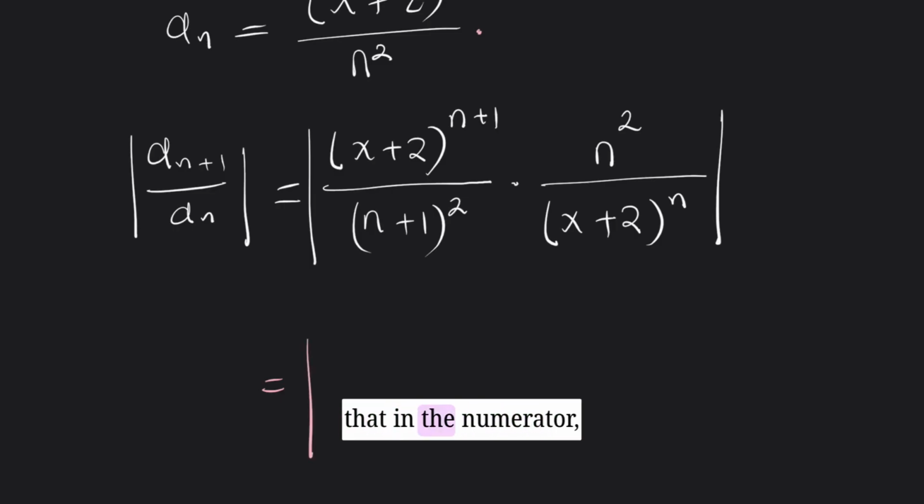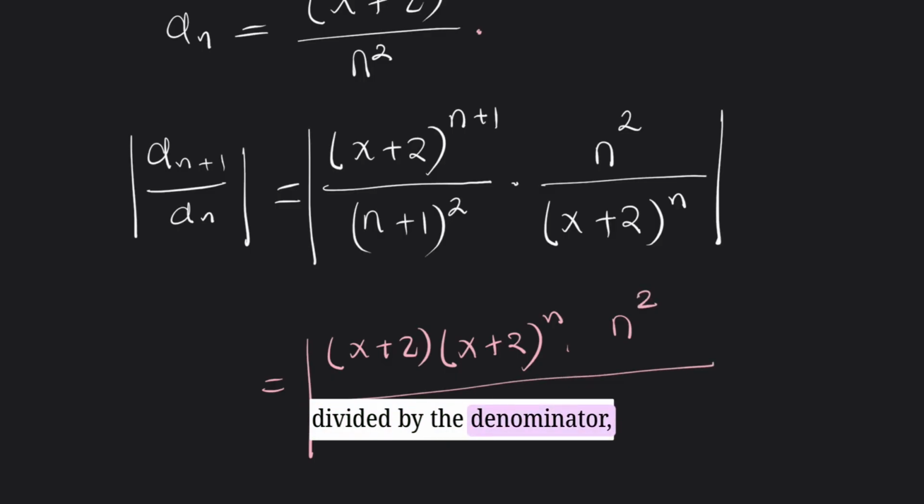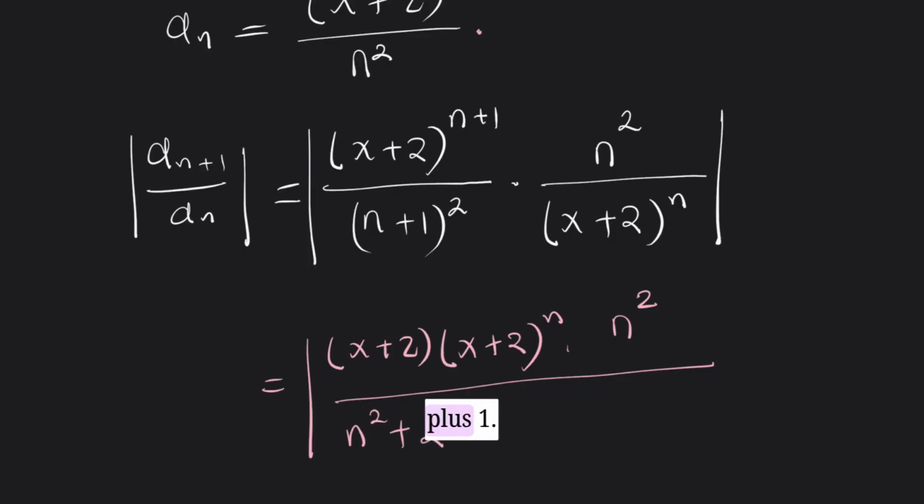So you can see that in the numerator we have x plus 2 to the power n plus 1, then I multiply by n squared, then divided by the denominator. I can expand this expression, which is n squared plus 2n plus 1, right? Then multiply by x plus 2 to the power n.